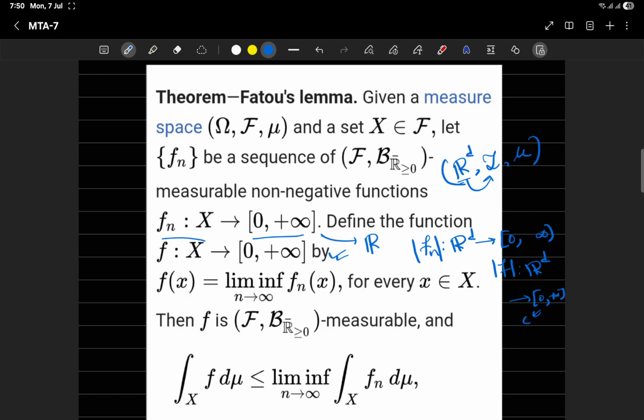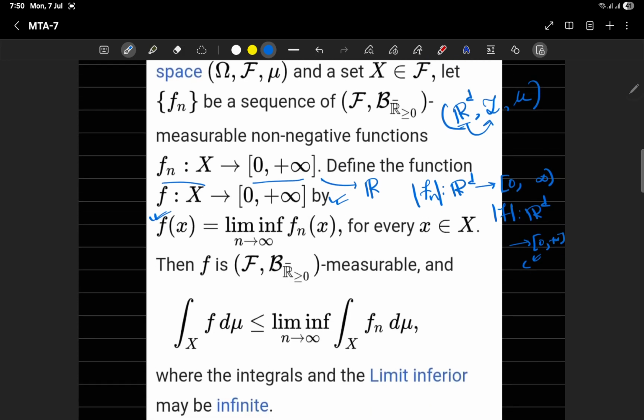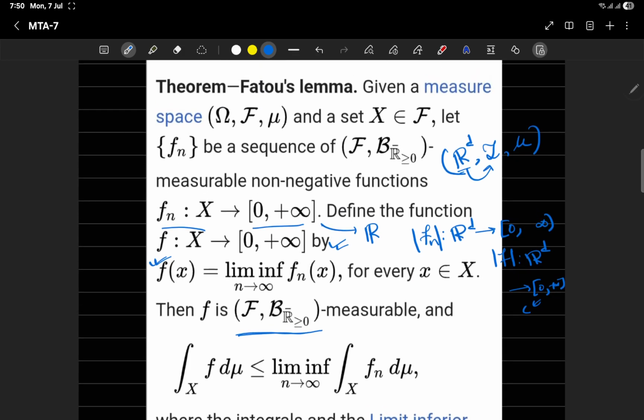So the limit infimum, which is f of x, is again a measurable function. Here we have a sequence of measurable functions. We need Fn to be measurable. Given it is a continuous function, and you know continuous functions are measurable functions, right?